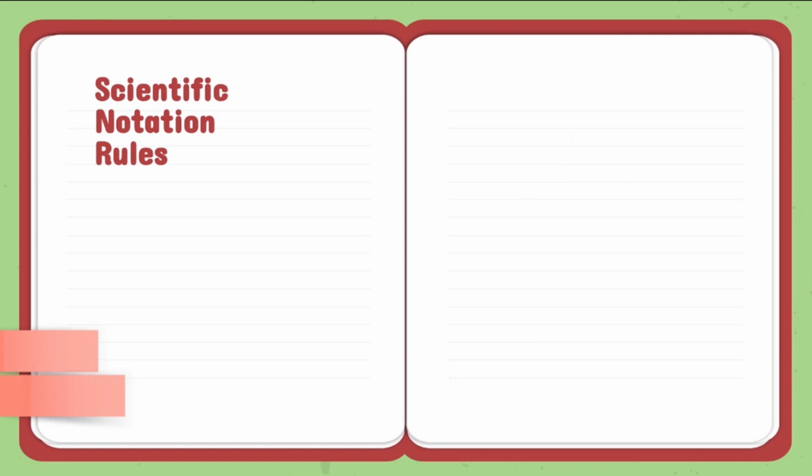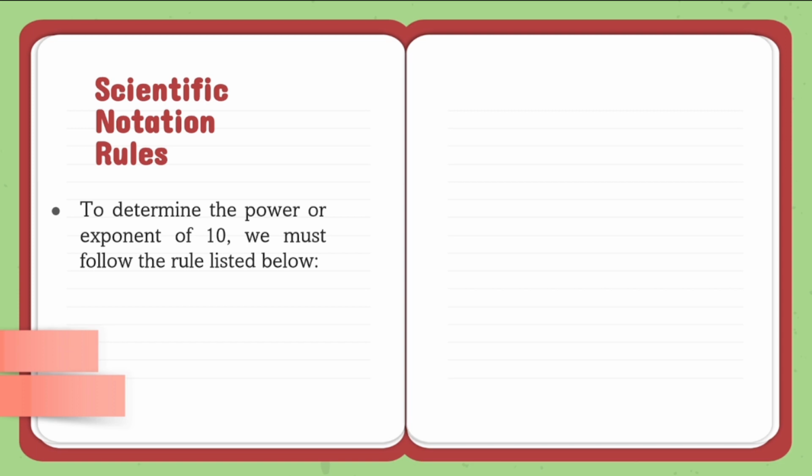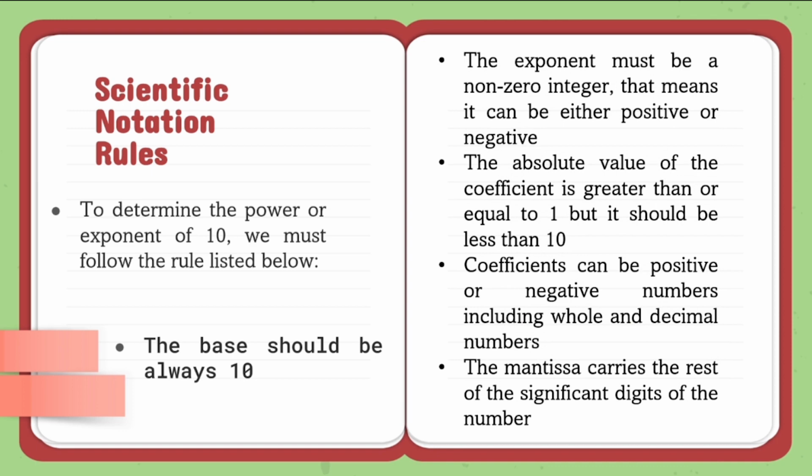So we have here the scientific notation rules. To determine the power or exponent of 10, we must follow the rules listed below. First, the base should always be 10. Second, the exponent must be a non-zero integer. That means it can be either positive or negative.